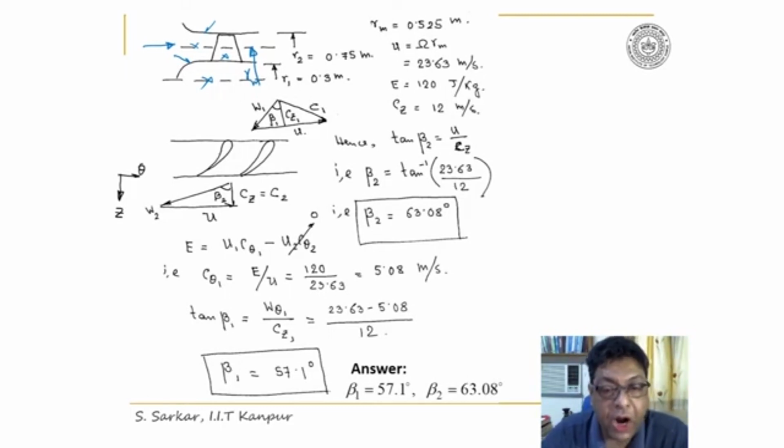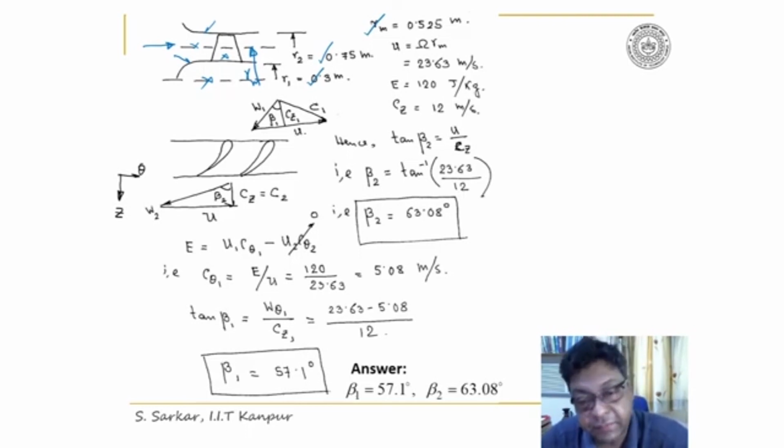So as before, R2 is 0.75 meter, R1 0.3 meter, and thus Rm is equal to 0.525 meter.